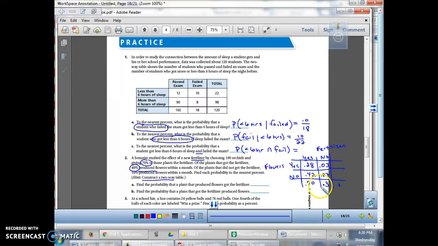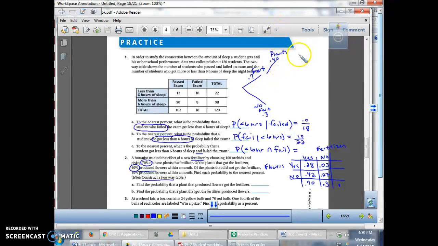Now, if you need to, by all means, do a tree diagram. I can kind of show you this pretty quickly. So here I have fertilizer, I have no fertilizer, and this is a 0.7 to 0.3 ratio. Then from the fertilizer, those with flowers is 0.40.